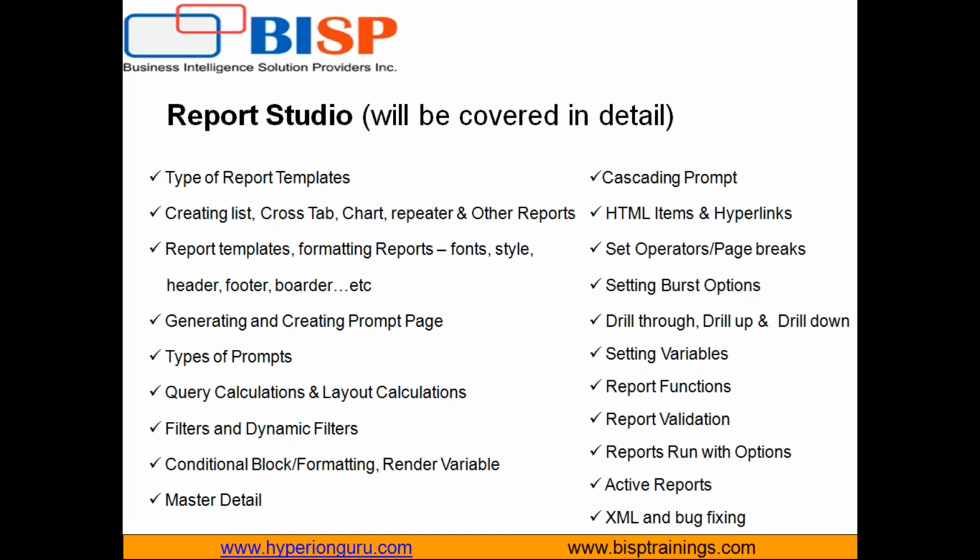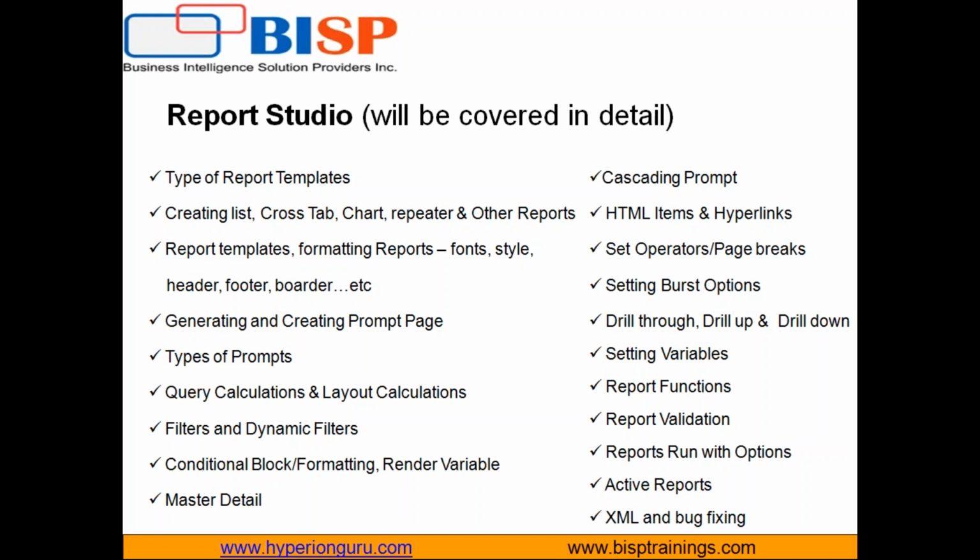In reports, we have one concept called active reports, which is a new thing in the Cognos 10 series. Before the Cognos 10 series we don't have active reports. So we will also see how to create an active report, what the advantages and limitations of the active report are, where it can be used, and for which scenarios. In an active report, the output will be saved in the browser in XHTML or HTML format.